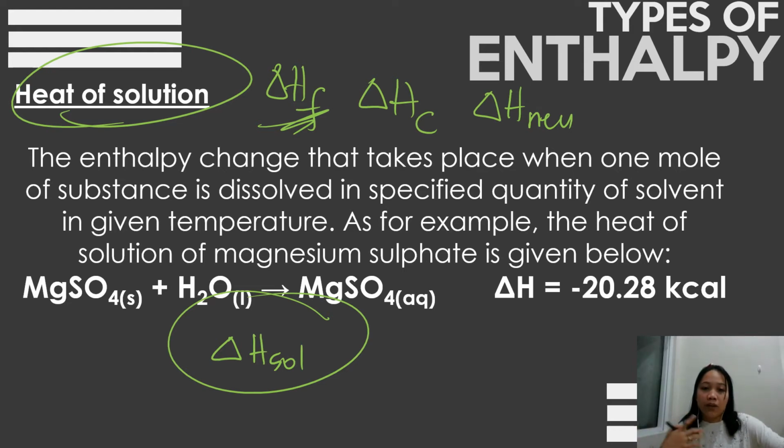And make sure that you write the correct form of the compound because if that is solid, it will have a different delta H value. If that is liquid, if that is gas, if that is aqueous solution, magkakaiba po sila ng value.